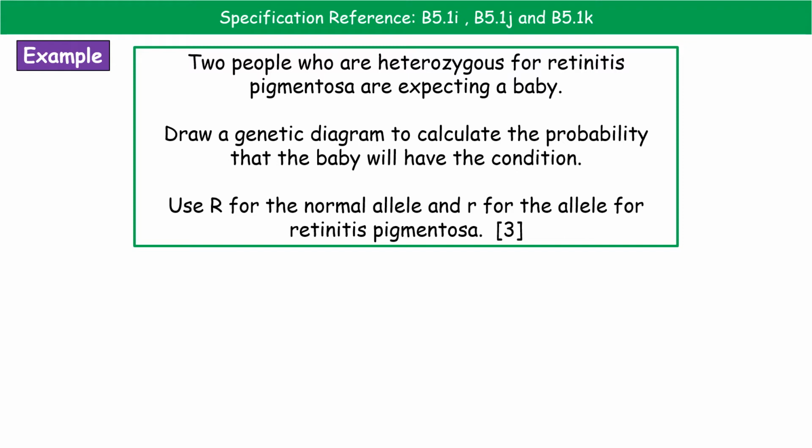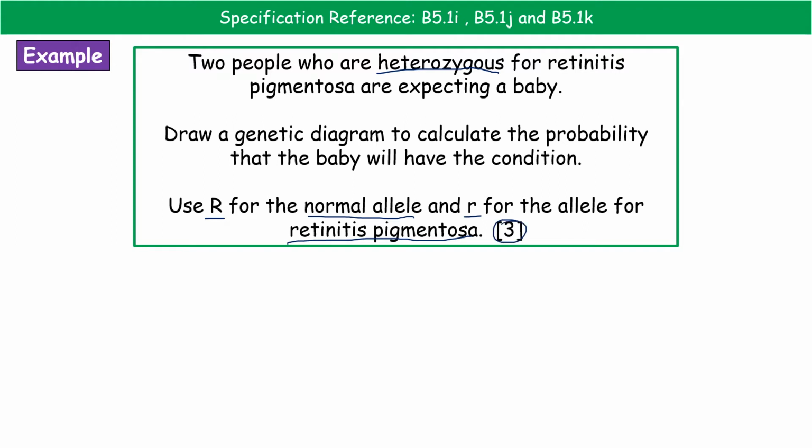So if we have a little look at this question, then 2 people who are heterozygous for retinitis pigmentosa are expecting a baby. Draw a genetic diagram to calculate the probability that the baby will have the condition. Use capital R for the normal allele and lowercase r for the retinitis pigmentosa allele. So this is a 3-mark question, folks.